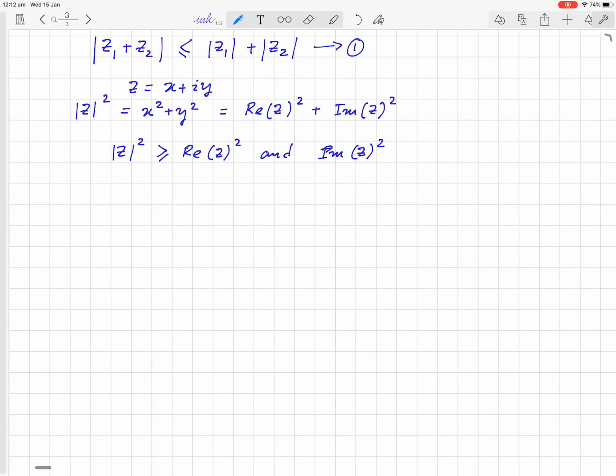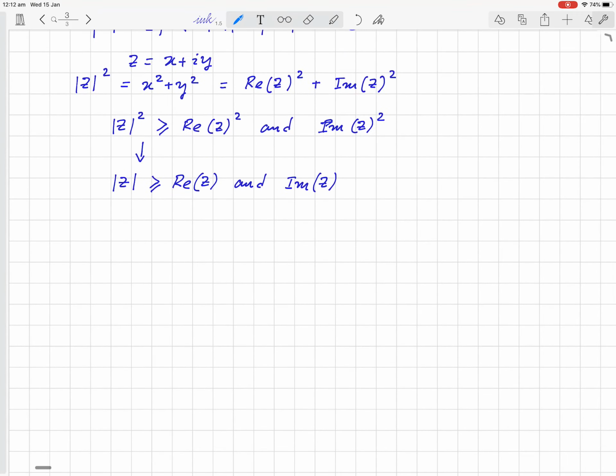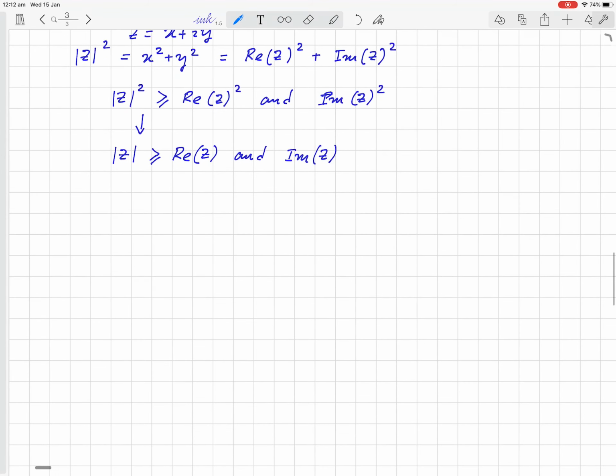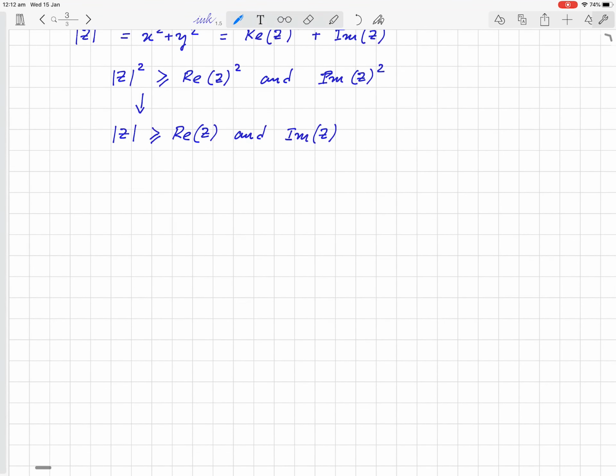So this will tell us that |z| itself is greater than or equal to the real value of z, and this will be valid for the imaginary part of z as well. So now we can go into our derivation.